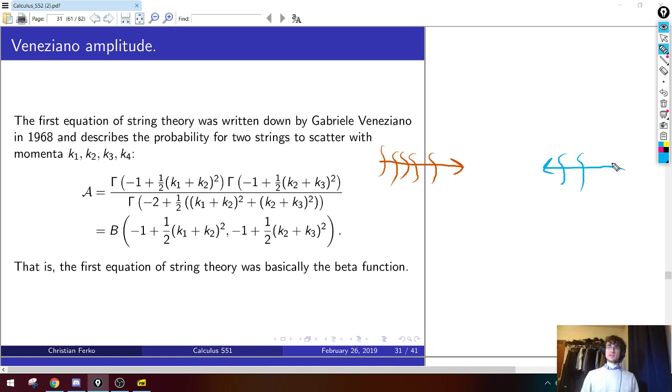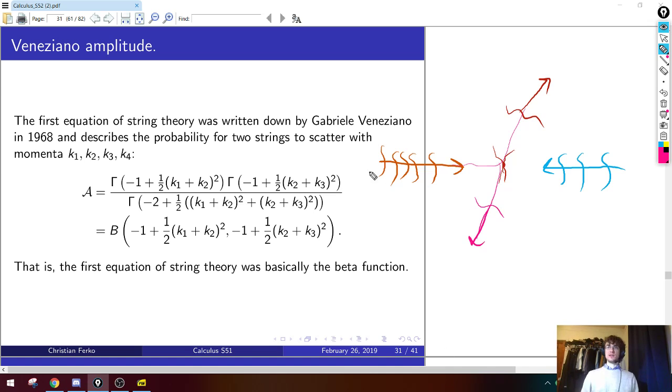These beams meet at some impact point, a string coming from the left hits a string coming to the right, and there's some collision, and then they scatter off, so one of the strings maybe goes this way, and another goes some other direction.